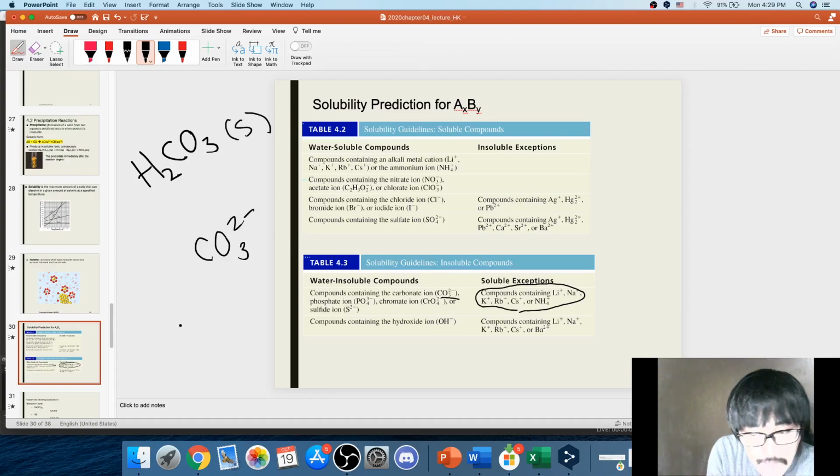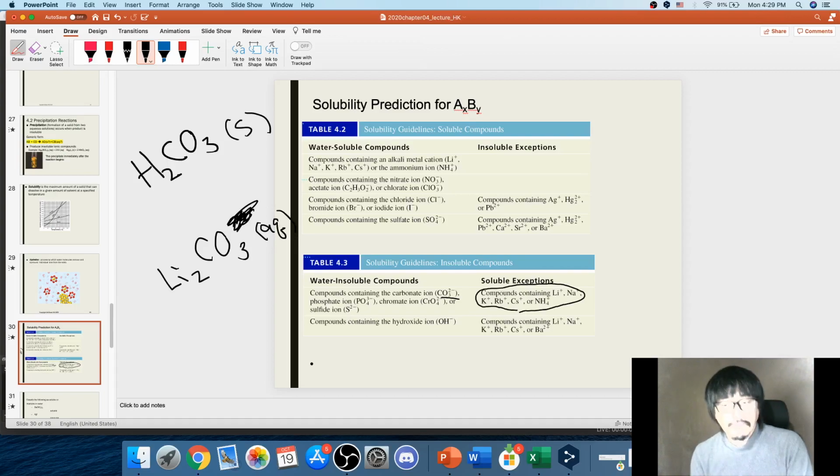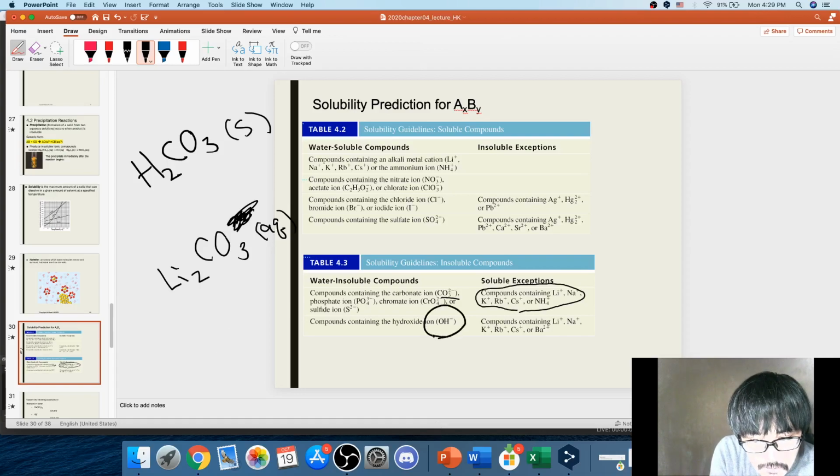But when they're combined with lithium, for example, you still need 2 of those guys so that the 2 charge cancels. That one right there is water soluble, so that's why you need to put AQ here. Similarly, if I have the OH, what's a good one?